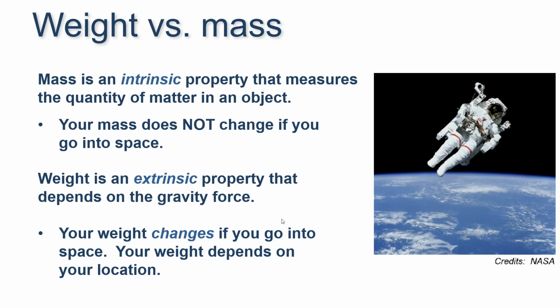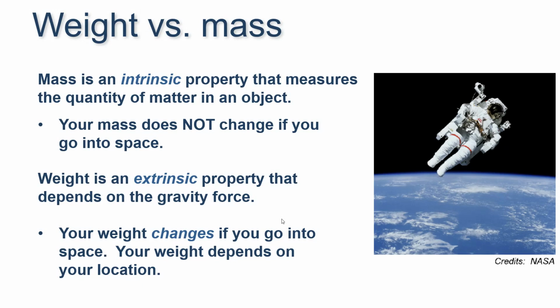So in outer space, it's very little weight because you're so far away, Earth can't really pull you down, right? It does a little bit, but it's not even close. Here's a fun fact.